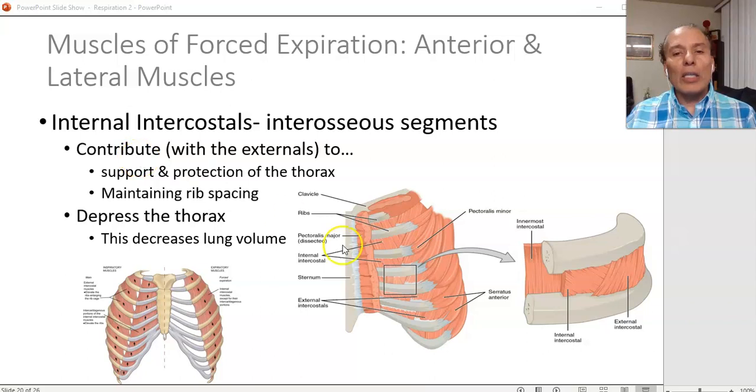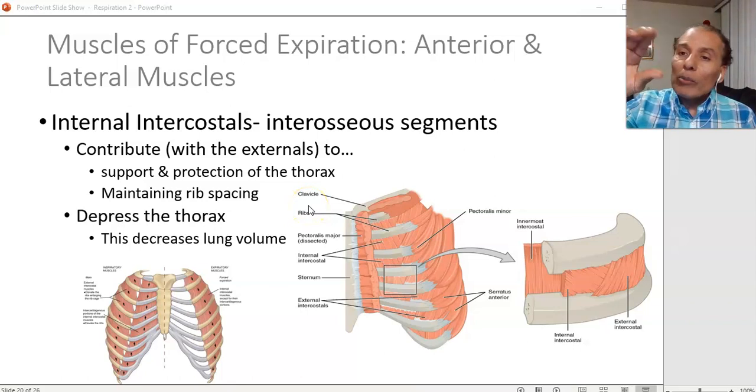So this here is all the muscles together. As you can see, the arrow points down. It means the origin is down. It means that the movement will pull the thorax down and in. That contributes to supporting and protecting the thorax and maintaining the space between ribs.